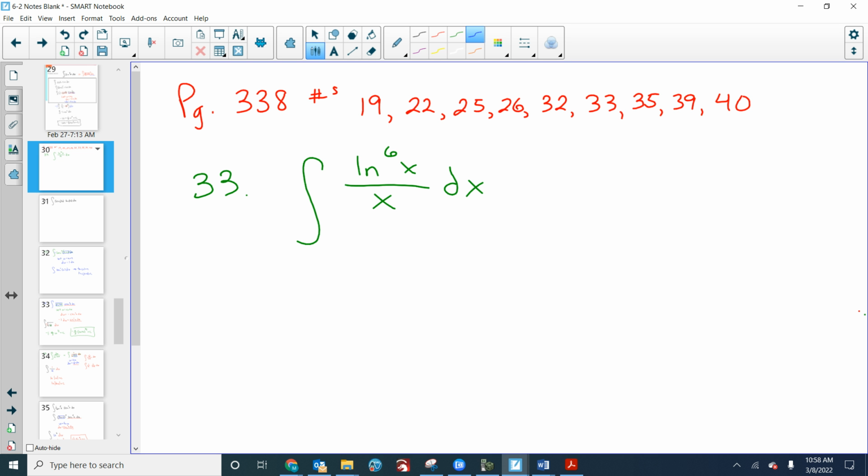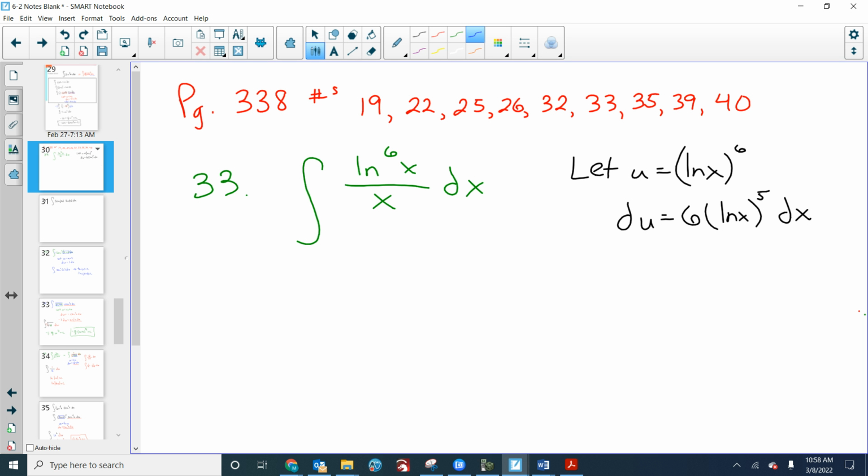Any ideas? What shall we let u equal? Ln to the 6th of x. If we let u equal ln of x to the 6th, du would be 6 ln x to the 5th dx.